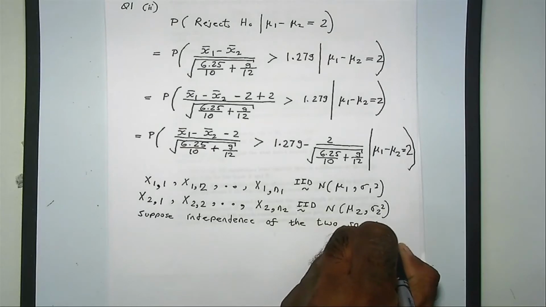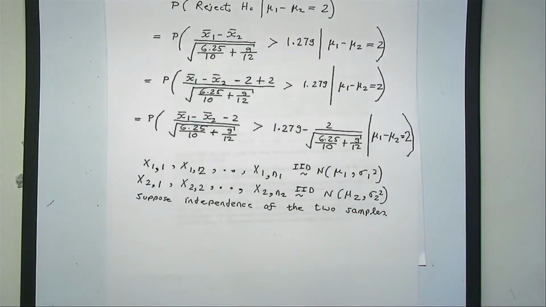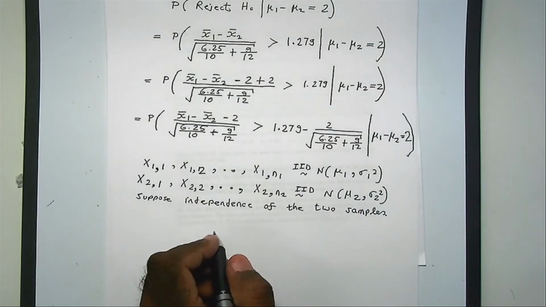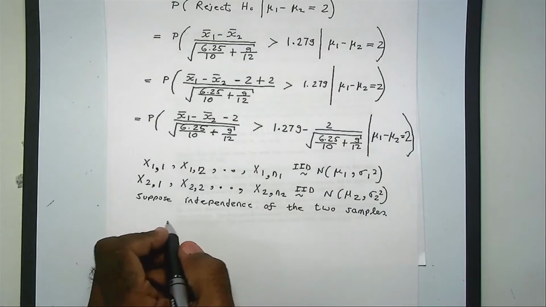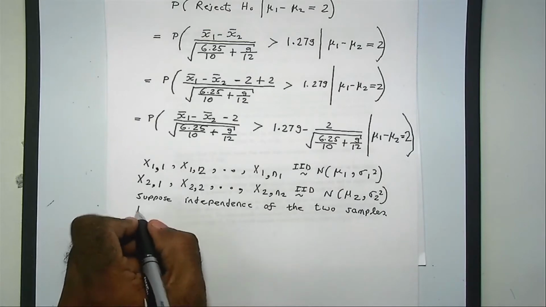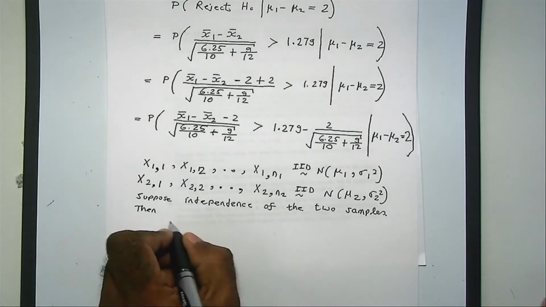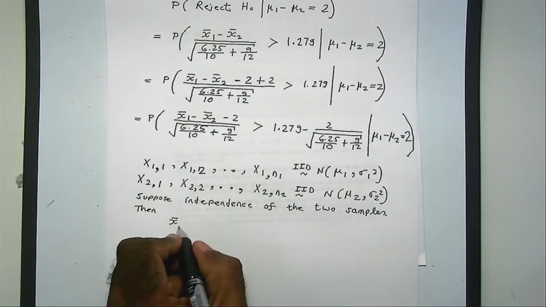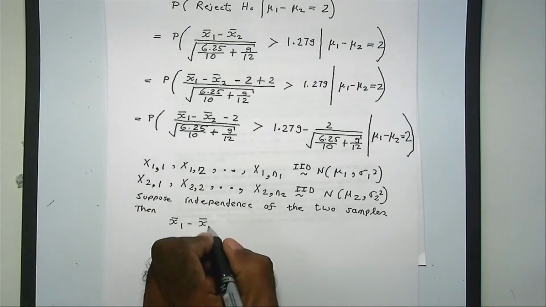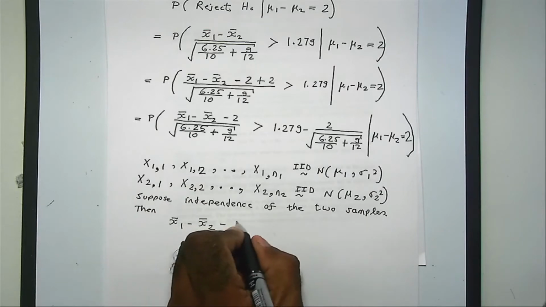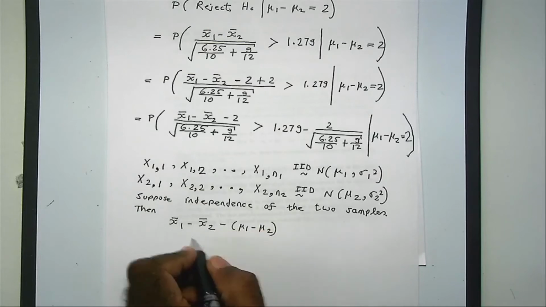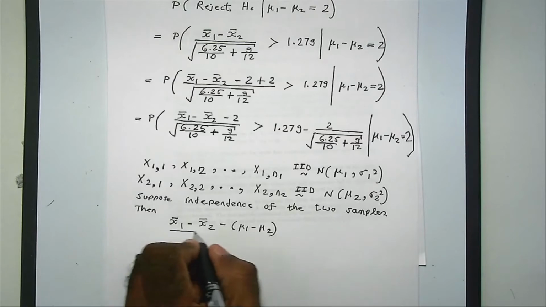Under these conditions, using what you learned in the video on the normal distribution, you should know that the following fact is true. The sample mean of the first sample minus the sample mean of the second sample, minus mu1 minus mu2, divided by the square root of sigma 1 squared over n1 plus sigma 2 squared over n2.